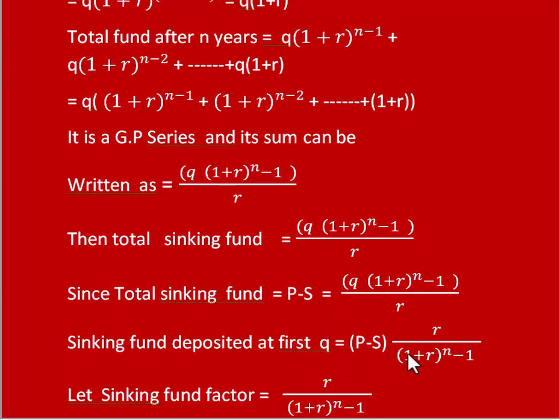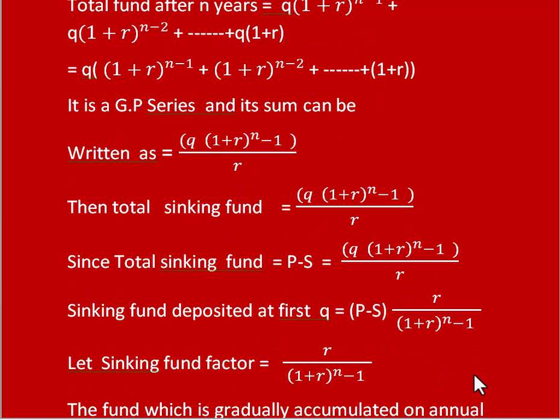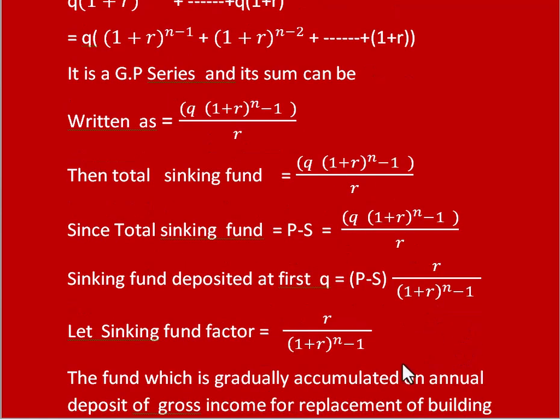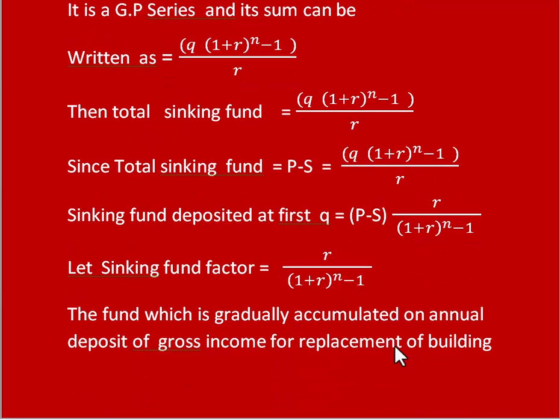Small q is equal to P minus S into R divided by 1 plus R whole power n minus 1. And from this, R by 1 plus R whole power n minus 1 can be treated as the sinking fund factor. So the sinking fund deposited at the first year, Q, is equal to the sinking fund factor into P minus S.